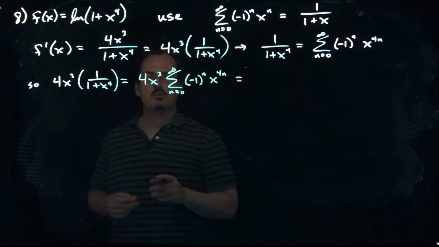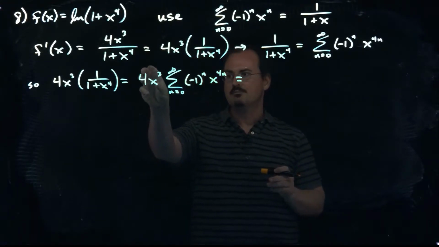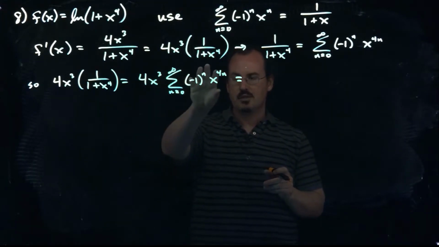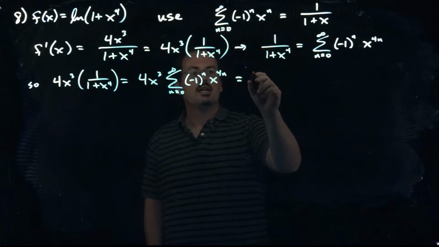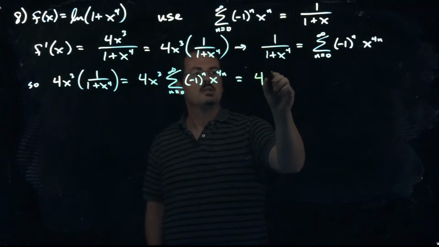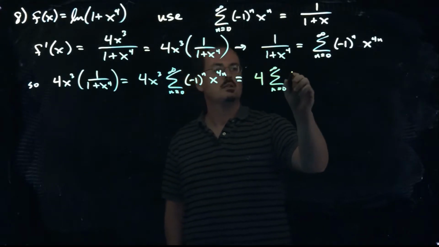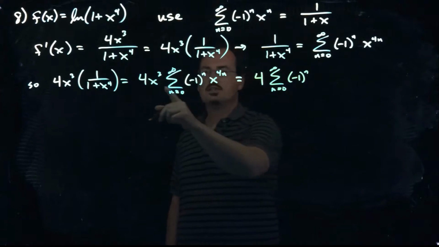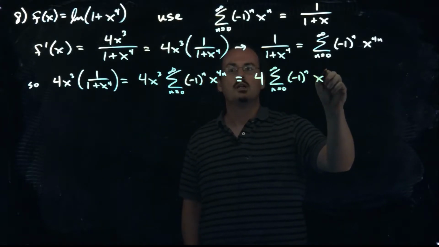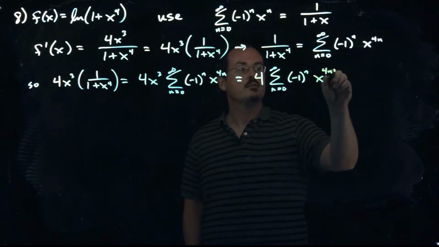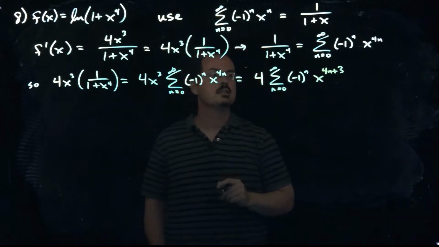And remember that when we've got a power series multiplied by something, it's just a bunch of things added together, so this can be distributed in there. And so we'll get 4 times all of this, and then the x to the third gets multiplied in, so we're left with x to the power of 4n plus 3. So basically we just add the exponents on the x.